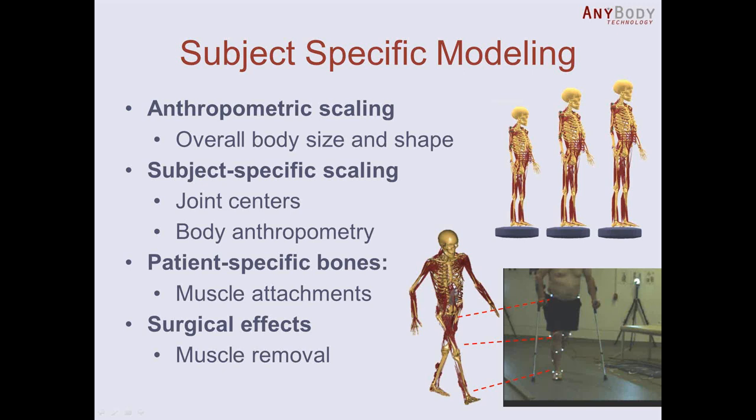You can also exchange the bones used in the standard model and use patient or subject-specific bones, and therefore also change the muscle attachment points to these new bones. You can also model surgical effects by removing muscles or reducing the maximum strength of these muscles or ligaments. If you use motion capture data, as you see here in the right hand picture, the model will scale the body model automatically so that the body model fits the subject recorded in the Gait lab.